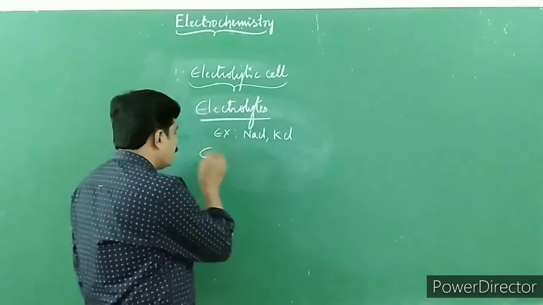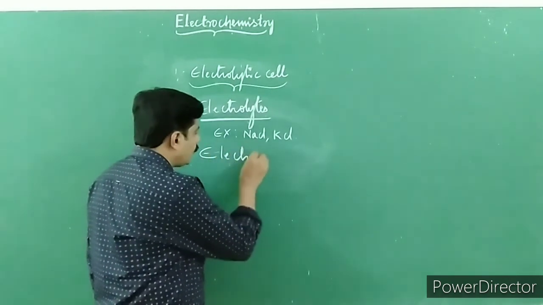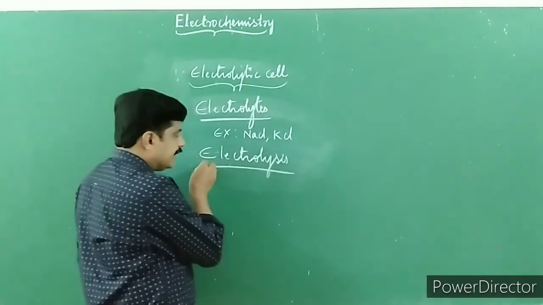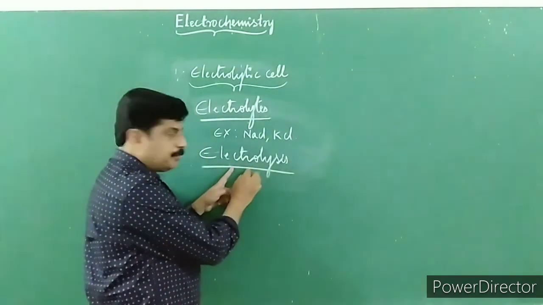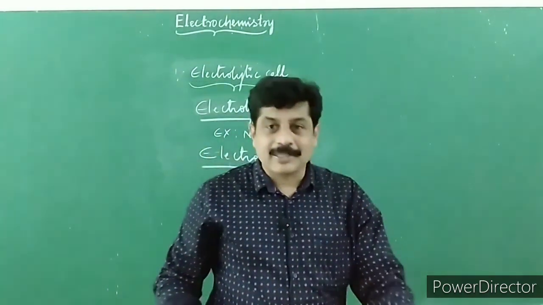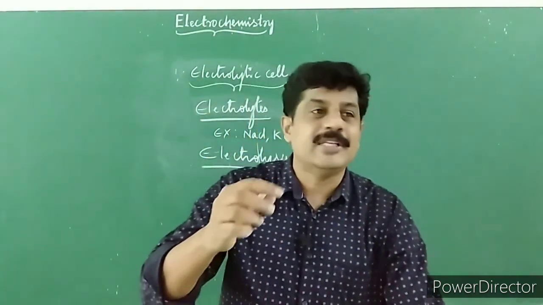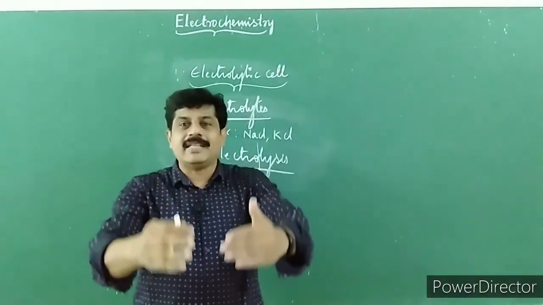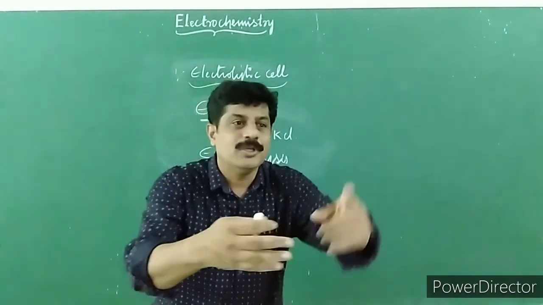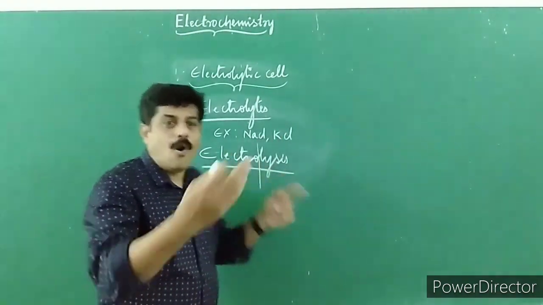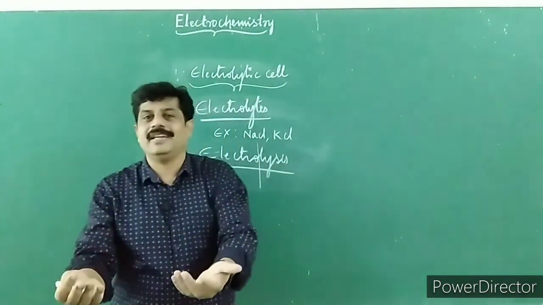Now let me introduce one more term for you, that is electrolysis. Children, if I split this term into two parts, electrolysis means the process of dissociation or decomposition of an electrolyte when electric current is passed through either its aqueous solution or molten state.